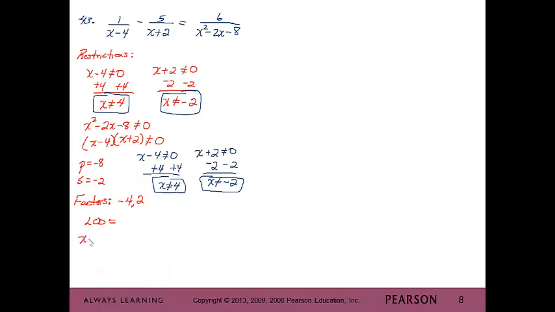So the factors of x minus 4 are just x minus 4. And then the factors of x plus 2 are x plus 2. And the factors of x squared minus 2x minus 8, they are x minus 4 times x plus 2.